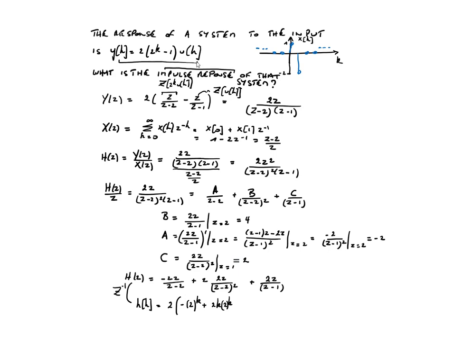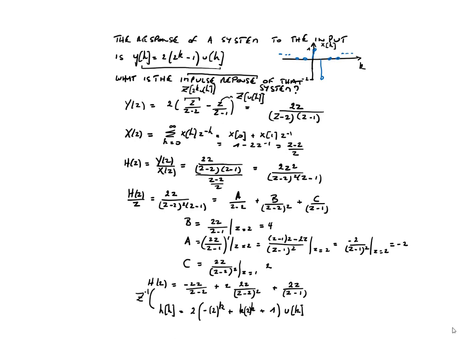We don't need the 2 because it's already in front, so it's a plus over here, and the plus is in front already, so just plus 1 times u of k, because we have a causal system here, and this is its impulse response.